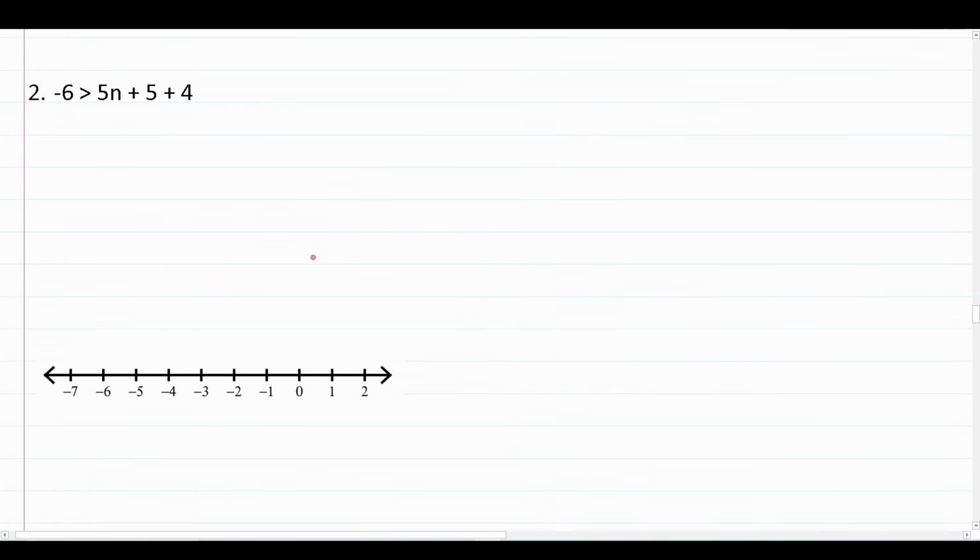Let's go ahead and take a look at another example. So for this one, we have negative 6 is greater than 5n plus 5 plus 4. Again, we're going to be solving for n ultimately, but let's work on simplifying this. I can combine these right here. That's 5 plus 4, which is 9.